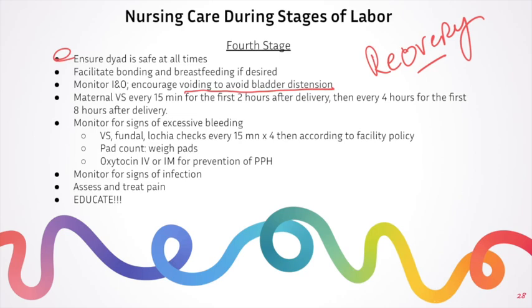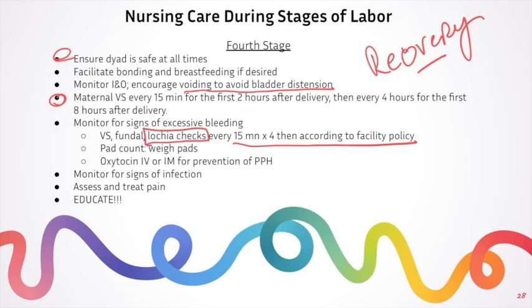This is how often you're going to monitor their vital signs after having a baby. We're doing vital signs, fundal check, and lochial checks every 15 minutes times 4, and then according to your policy. The lochia I'm talking about is the vaginal bleeding that happens after having a baby.